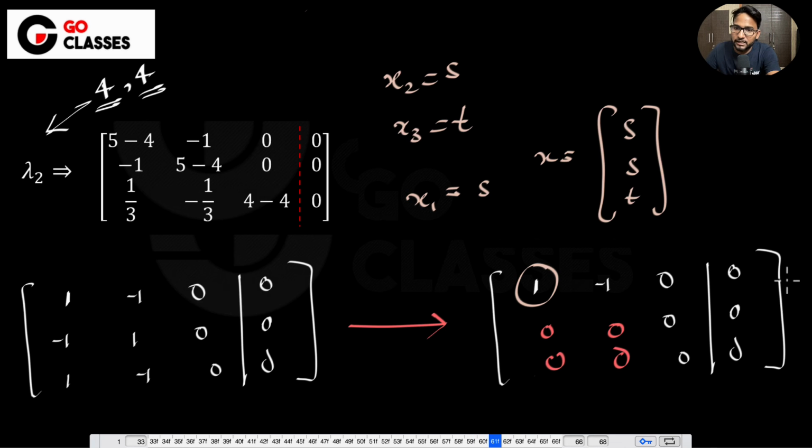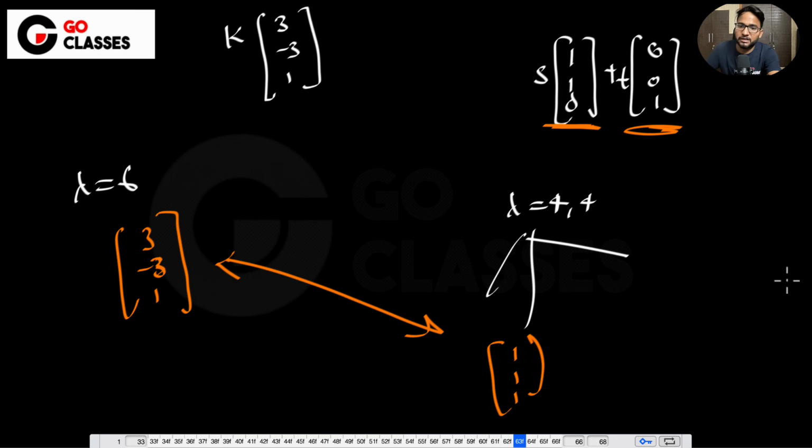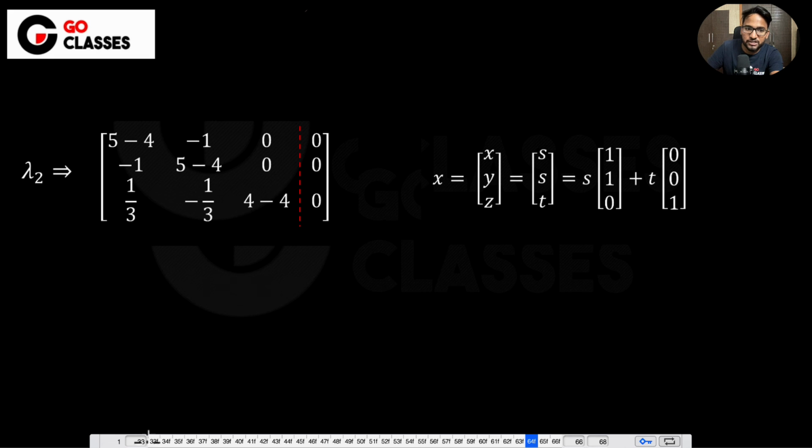So basically, let me summarize something that I want to emphasize. If lambda 1 and lambda 2 are not equal, then the corresponding eigenvectors are linearly independent. That is for sure.